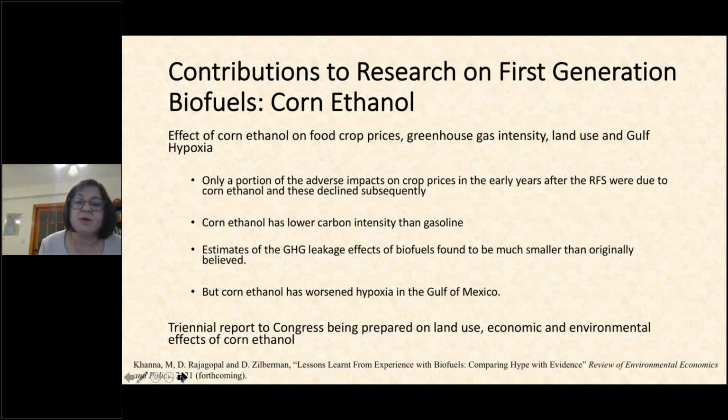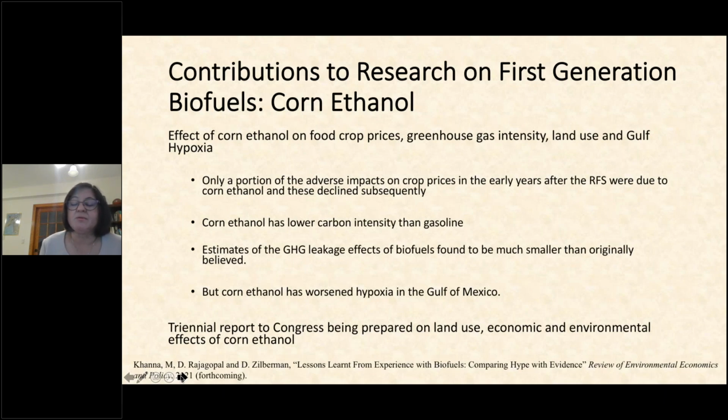Another major area where economists have contributed is trying to understand indirect land use change, which is when crop prices go up, it creates incentives for expanding cropland, not only in the US, but all around the world, and this can lead to carbon emissions because of deforestation and conversion of grasslands to cropland.